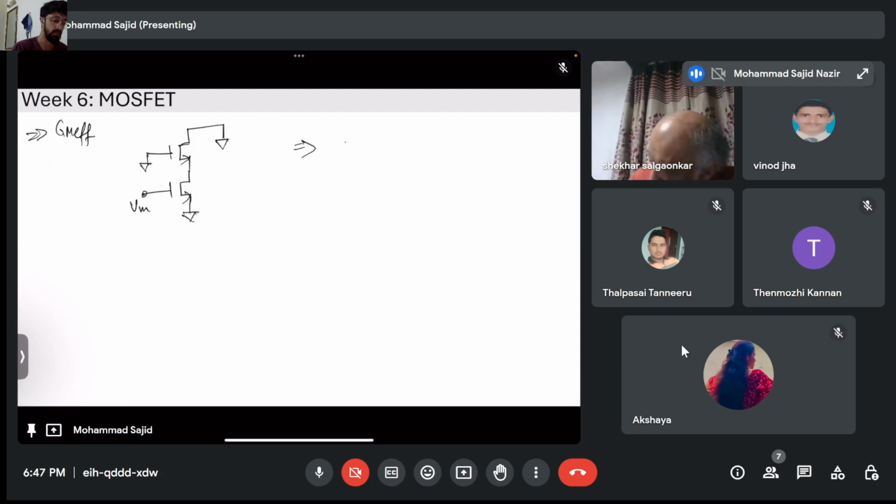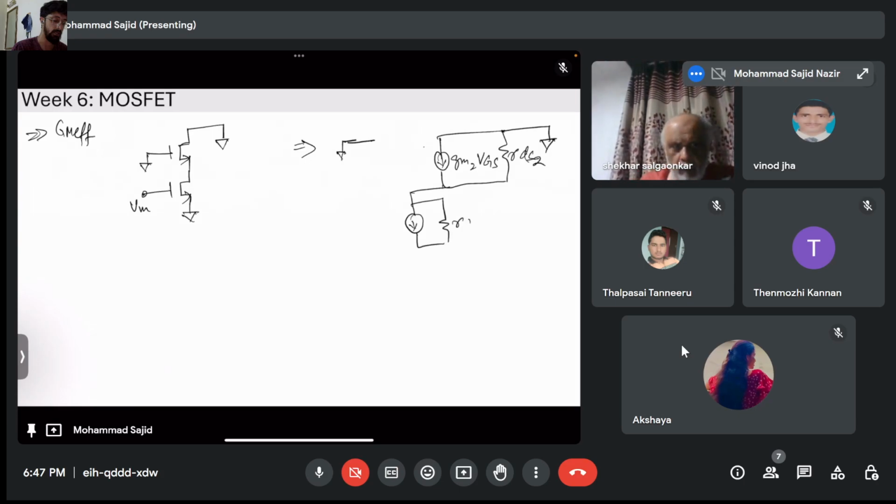Let me draw the small signal circuit again. This will be GM2 VGS, this will be RDS2, this will be grounded, RDS1, GM1 VGS, and this is our VN.